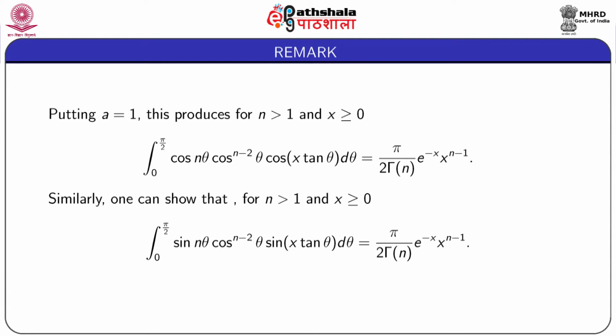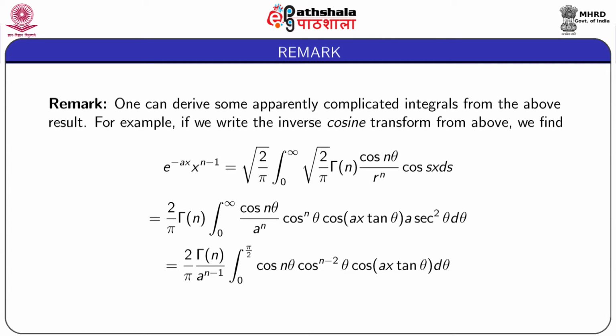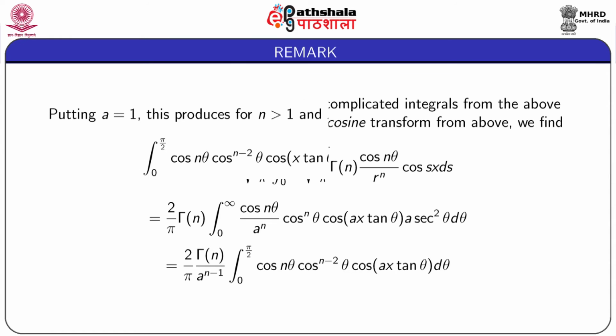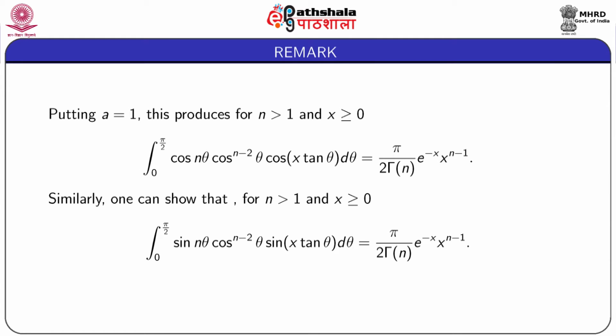Now, we substitute a equal to 1 in the last result. So that we get integral 0 to pi by 2 cos n theta cos to the power n minus 2 theta cos of x tan theta d theta equal to pi by 2 gamma n e to the power minus x into x to the power n minus 1.